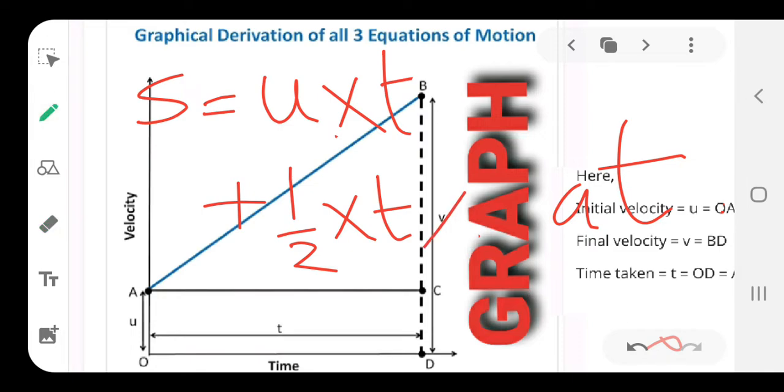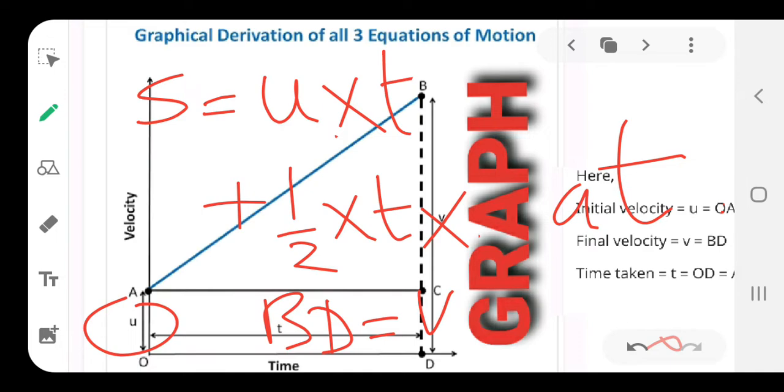You might say, sir, how is it possible? So, what is OA for us? OA is U, and BD is V. So, what about BC?